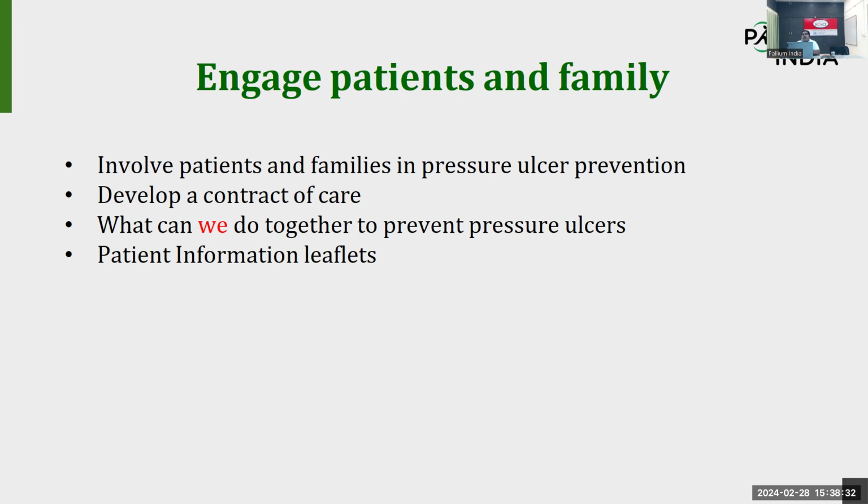So you have to educate the family member how to give proper care for the wound, how to prevent the wound, and how to prevent further damage. So you have to involve the family as well as the patient. Involve the patient and families in pressure ulcer prevention and develop a contract of care.